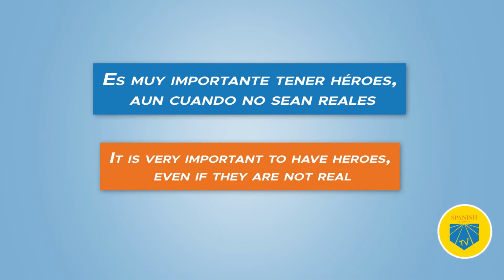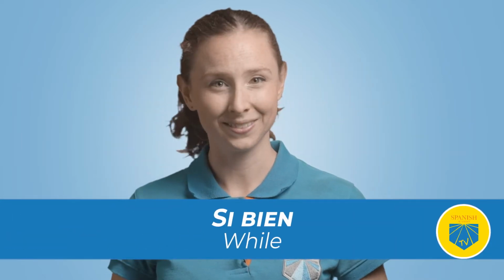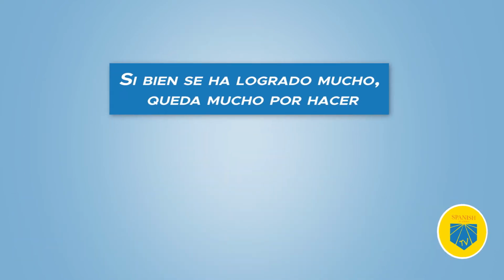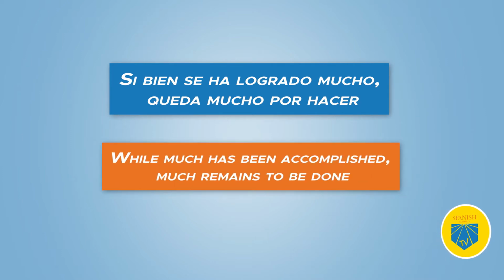It is very important to have heroes, even if they aren't real. Si bien. While. Si bien se ha logrado mucho, queda mucho por hacer. While much has been accomplished, much remains to be done.